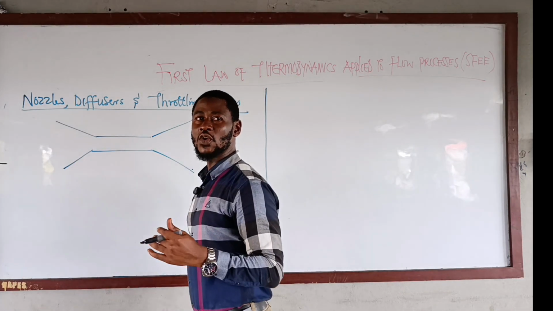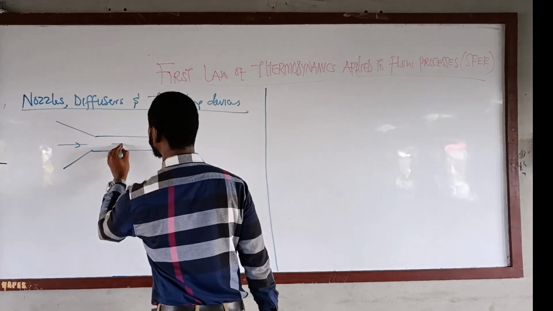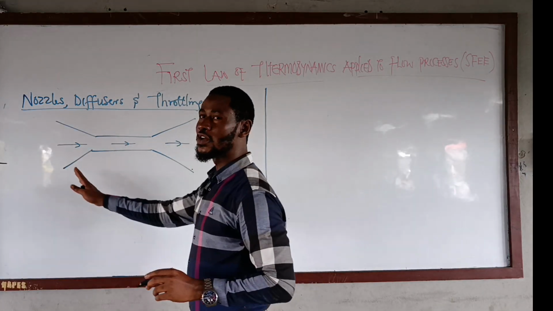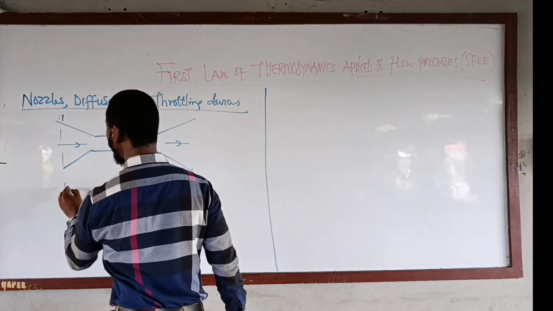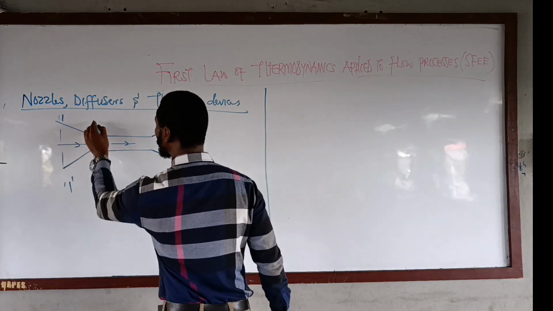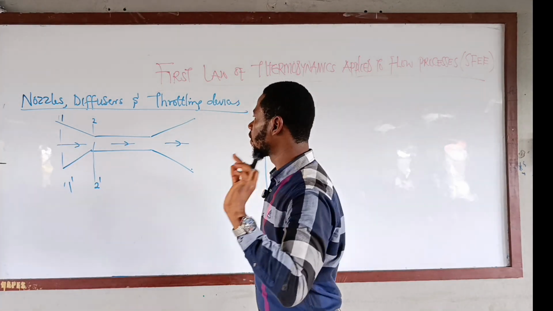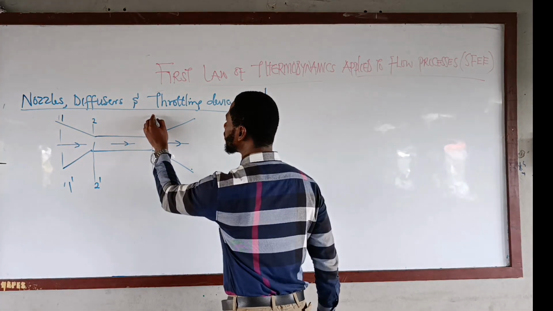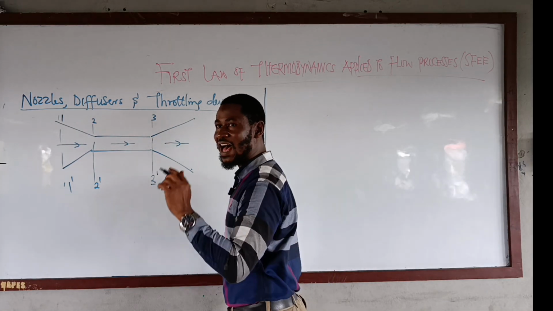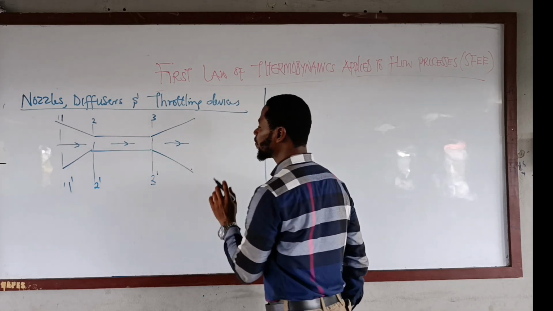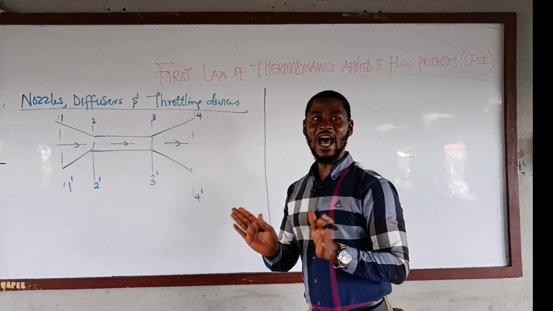If the direction of the flowing fluid is coming from this side, then state 1, 1 prime to state 2, 2 prime is taken as the nozzle. From 2 to 3, or 2 prime to 3, 3 prime, is taken as the throttling device, while from 3 to 4 is taken as the diffuser.